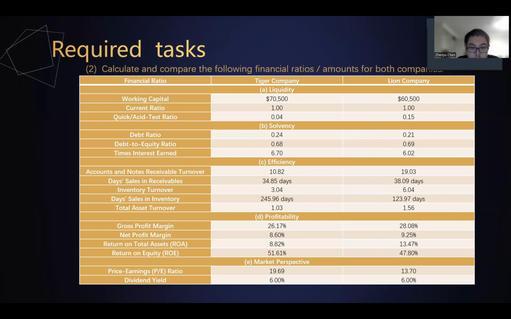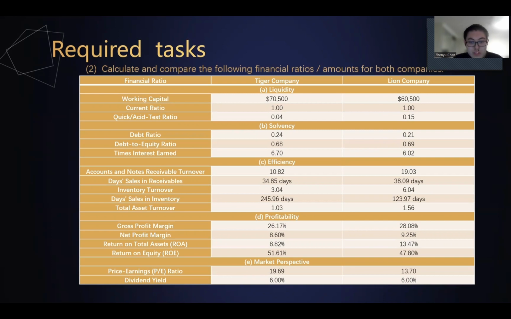In terms of the quick asset test ratio, Tiger Company has a lower ratio of 0.04 compared to Loin Company's ratio of 0.50, implying that Tiger Company has a lower ability to cover its short-term liabilities using its most liquid assets.